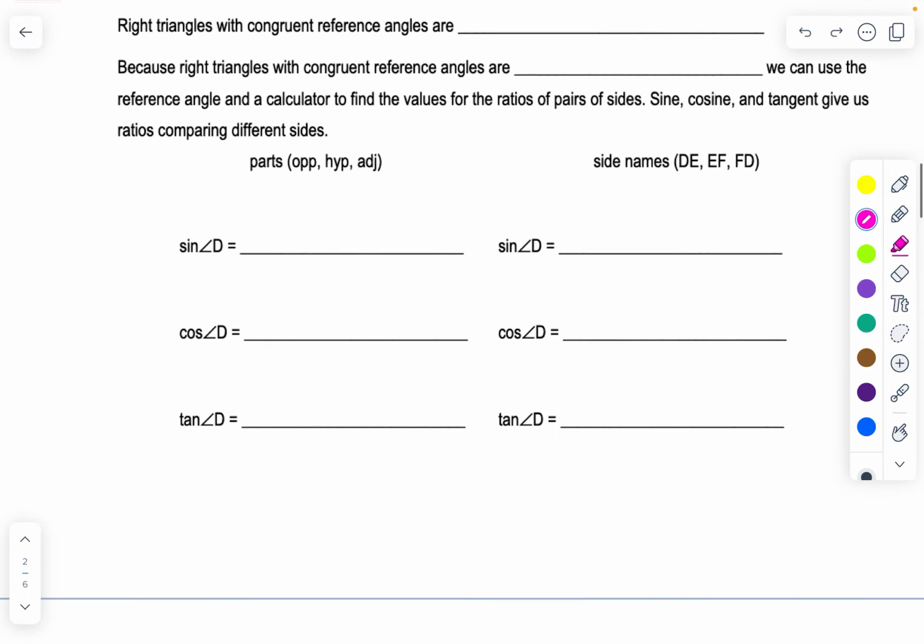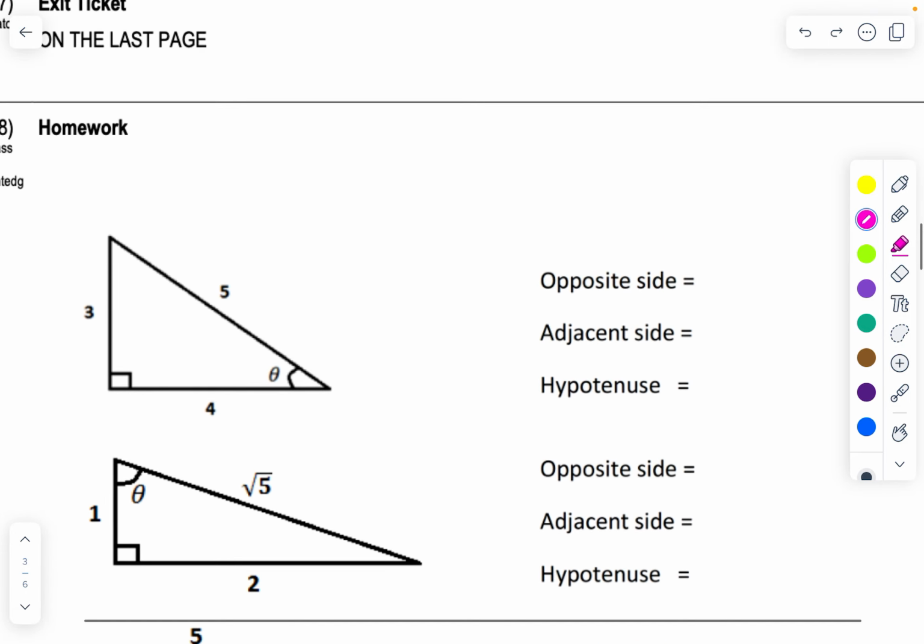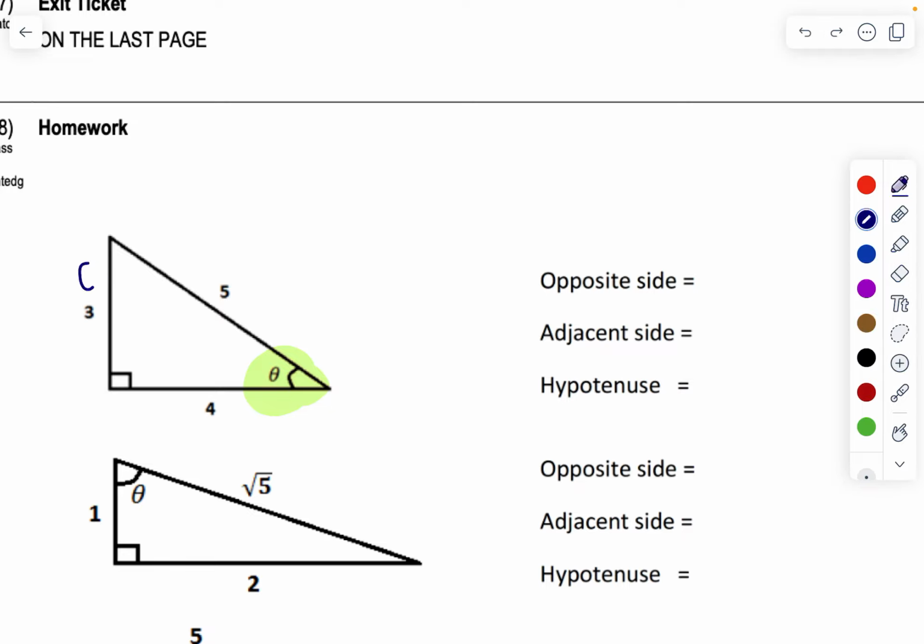All right, moving on down. So, 3, 4, 5, same idea right over here, with this theta. In geometry, that little 0 mark is called theta, and that usually represents a missing angle. So the opposite side, adjacent, and hypotenuse.